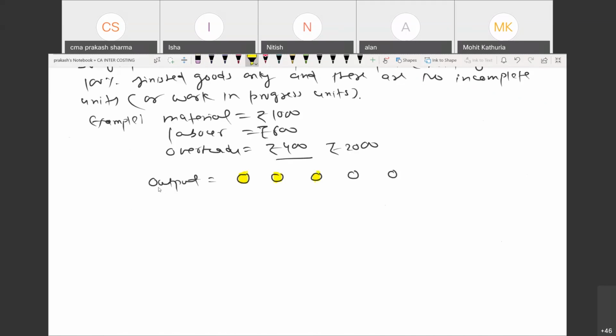So my output is for 5 units. Okay, sir. If you ask me, sir, what is your unit cost? So I would tell you it is 2000 divided by 5, because there are 5 units. So my unit cost rupees 400 each.